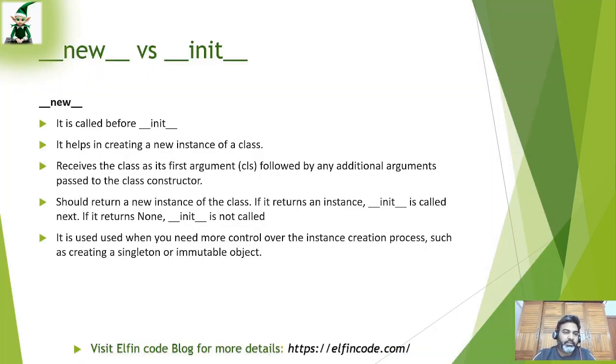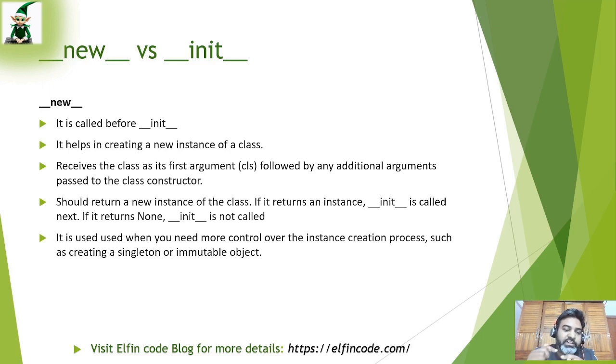Okay, so now if you see the first slide, it says that the new method is called before the init method. So this is the first method. When you are trying to create an object, let's suppose the class name is ABC, and you are creating an object obj equal to ABC parenthesis.